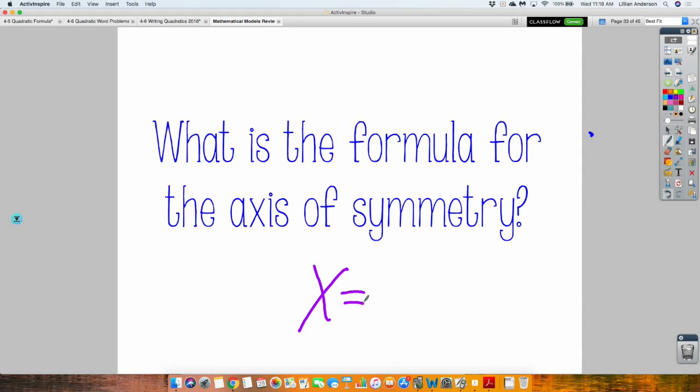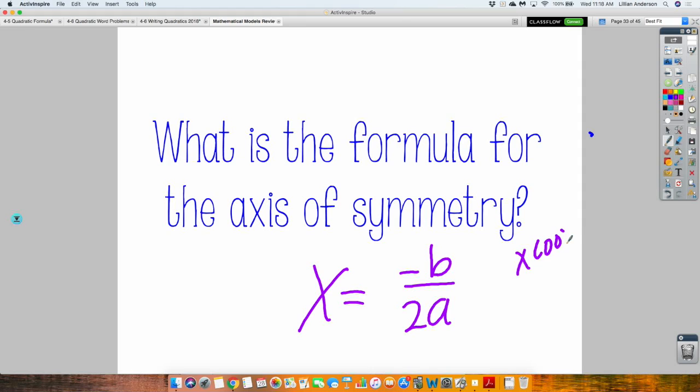X equals, and then you need the actual equation, which some of you guys did have. What's the equation? Negative b over 2a. Okay? But no one had it 100% correct because it does include the x equals. You have to have the x equals, otherwise it's not going to be right.